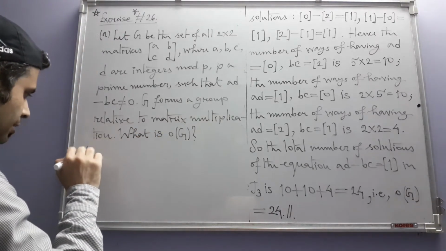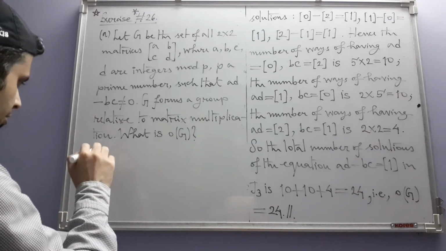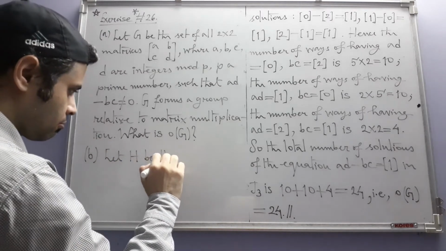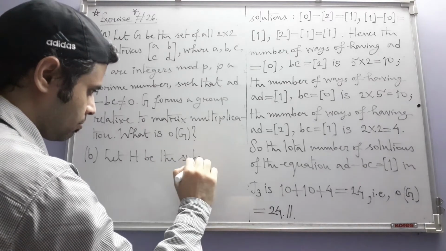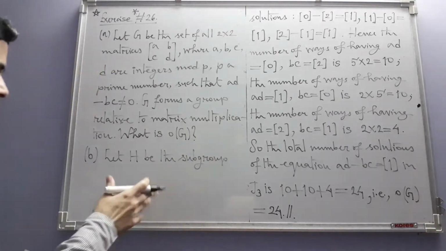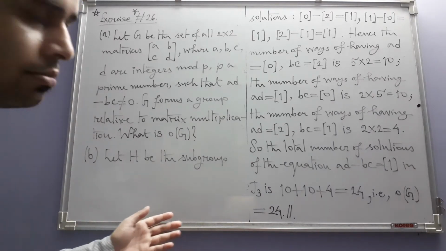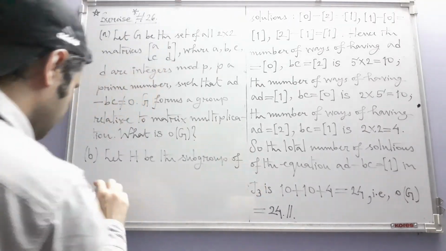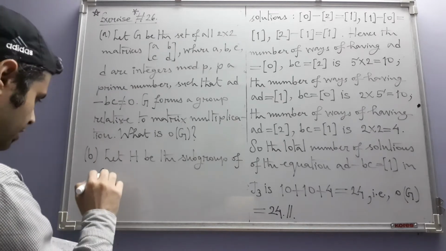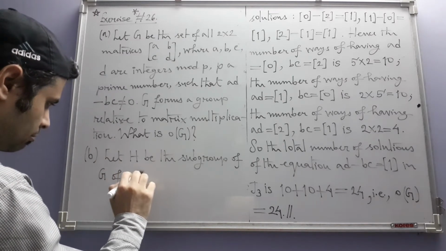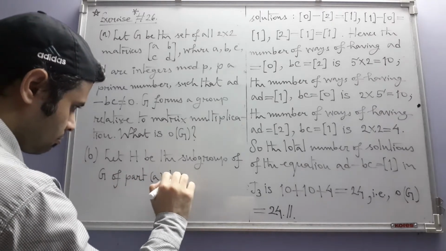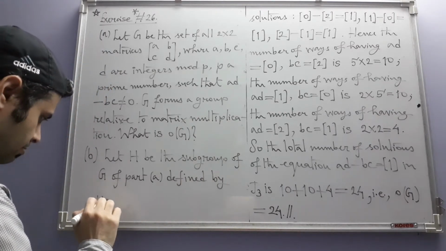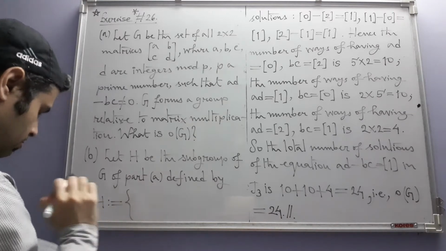And then part B. Let H be the subgroup, that is, H is a subset of G and the binary operation is the same, matrix multiplication, of G of part A, defined by this equation or definition.